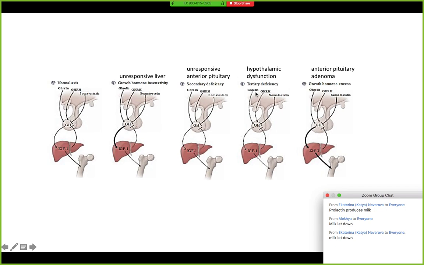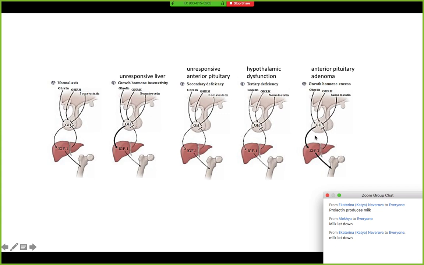If you have a tertiary deficiency of growth hormone, this is a hypothalamic dysfunction. So in that case, you're getting decreased GHRH from the hypothalamus. If you don't have any GHRH stimulating the anterior pituitary, you're not going to see any growth hormone release, and then you're not going to see any production of IGF 1 by the liver.